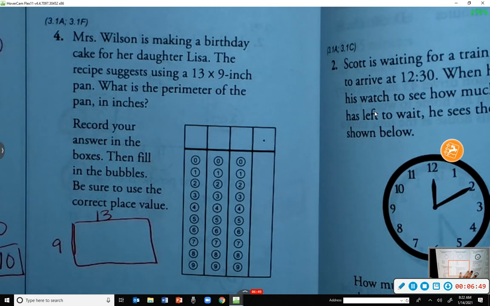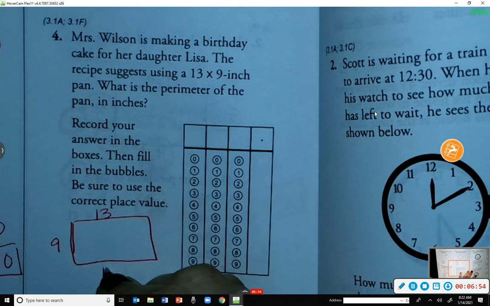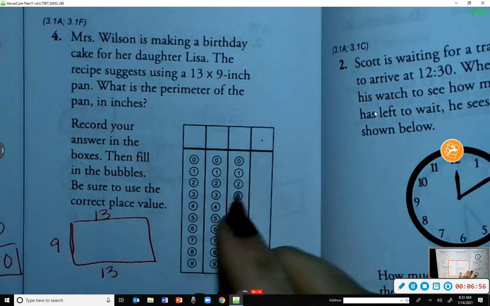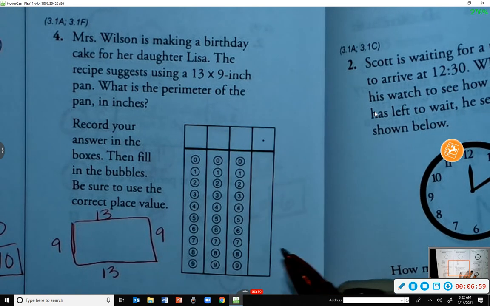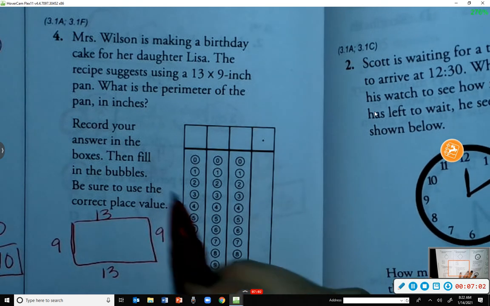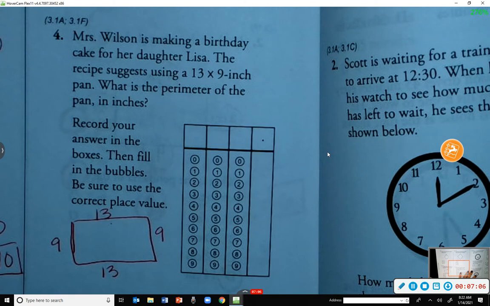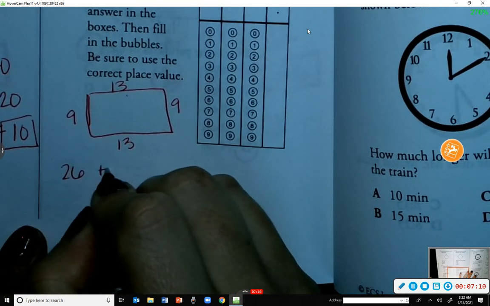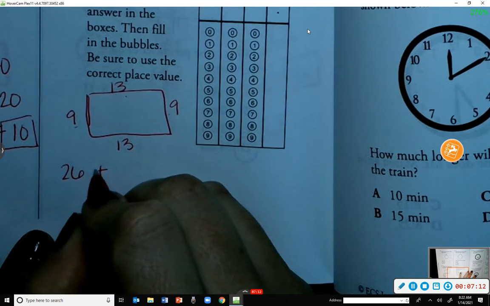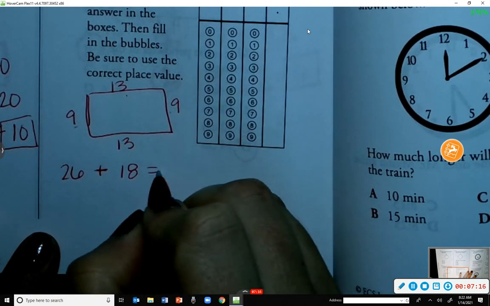You would put 13 on the bottom, and then put 9 on the other side, and add those up. Add them all up, okay? 13 plus 13 is 26. Good. 9 plus 9, 18, good.